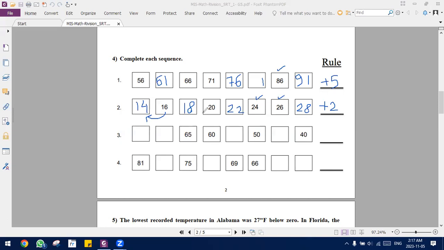Next one, number 3. We check from here to here. It was 65, it becomes 60. So the number here decreased. It's not addition anymore. So 65 becomes 60. What is that? This is minus 5.